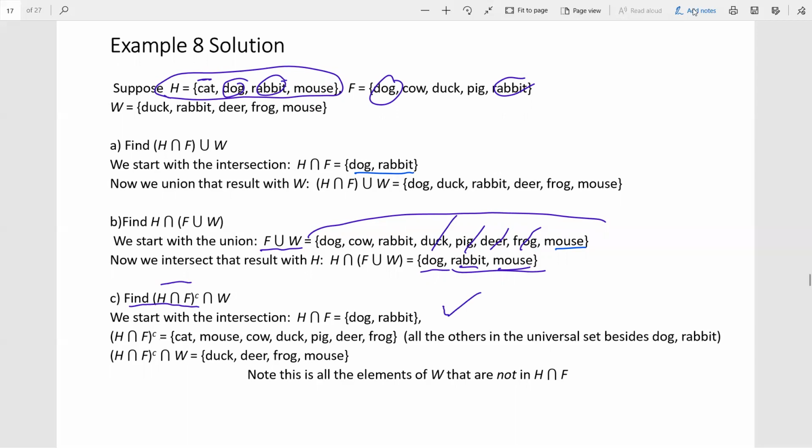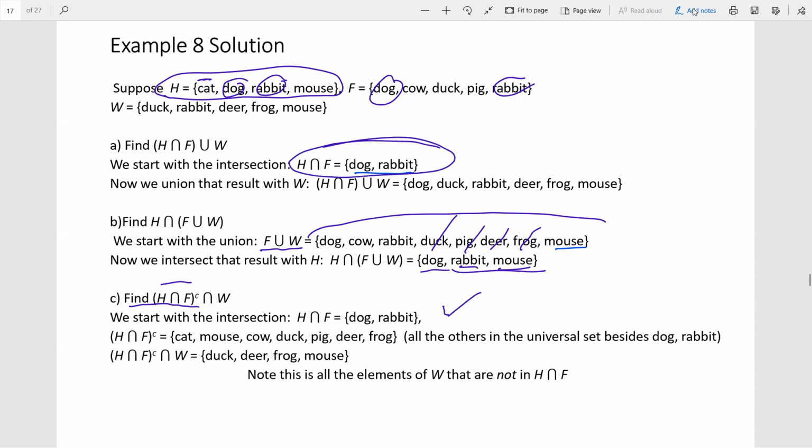Now, the way that I have generally done this is to take the complement of H intersected with F, and that's basically everything that's not in H intersected with F.